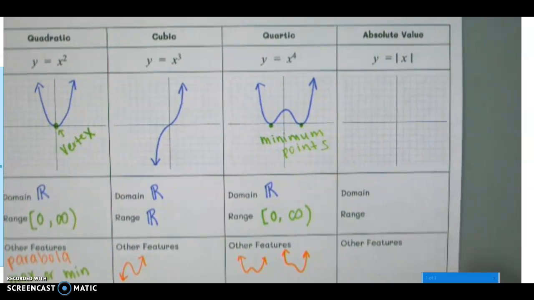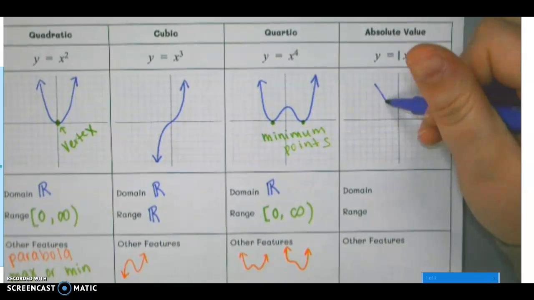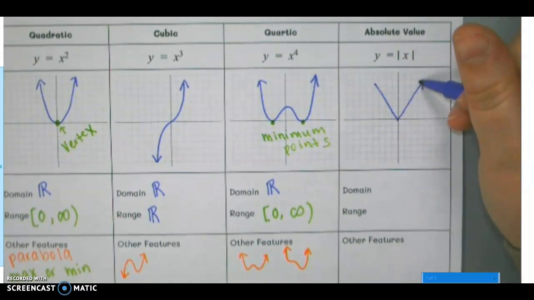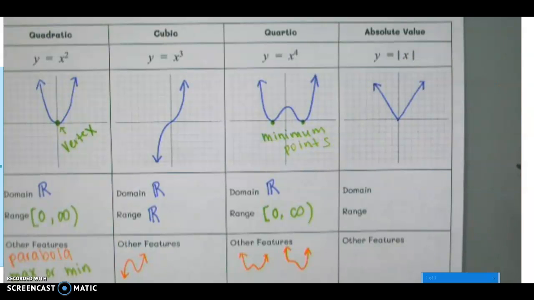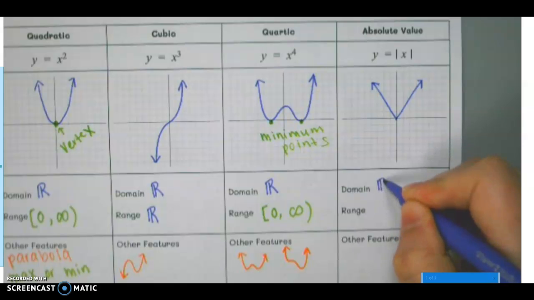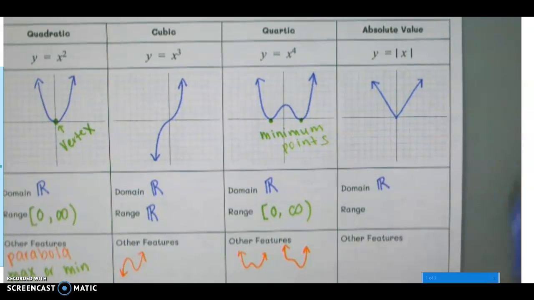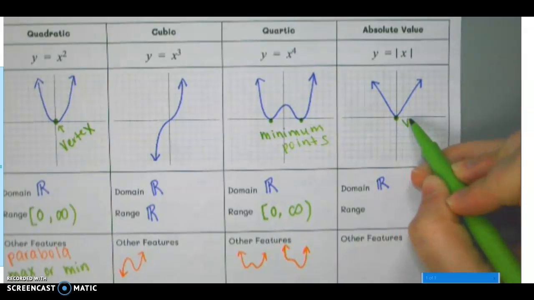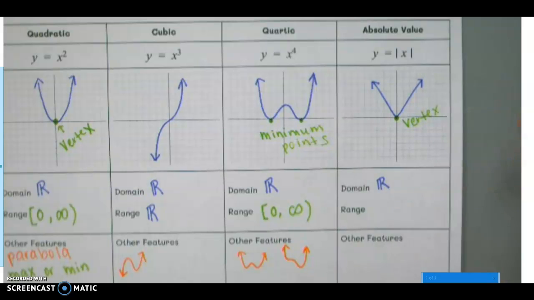All right, absolute value you can recognize because it will be in those bars. Absolute value makes the shape of a V, just like the word value. So again, domain, arrow to the left, arrow to the right. Domain is all real numbers. There is also a vertex for this graph. That is the minimum.